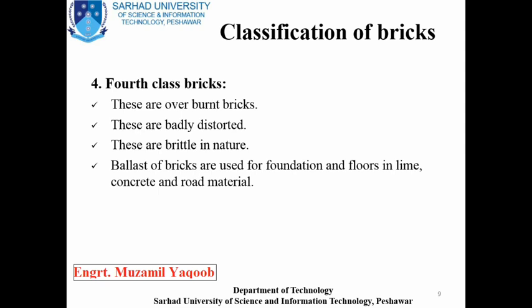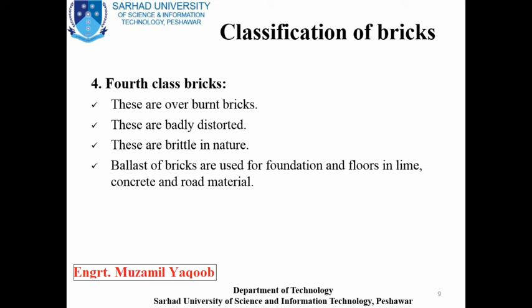The last classification: the bricks which fall in this category are overburned bricks, meaning they are very badly distorted, out of shape, and also brittle. In short, fourth class bricks are very poor quality bricks, and these are not used as bricks in structures.